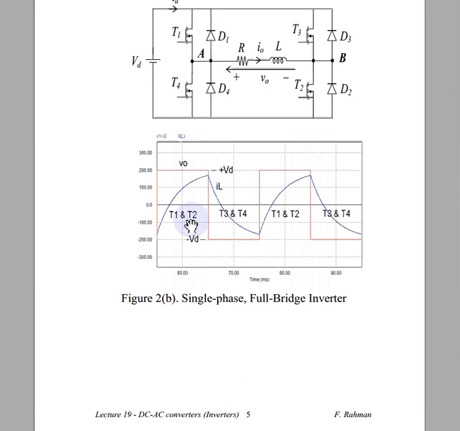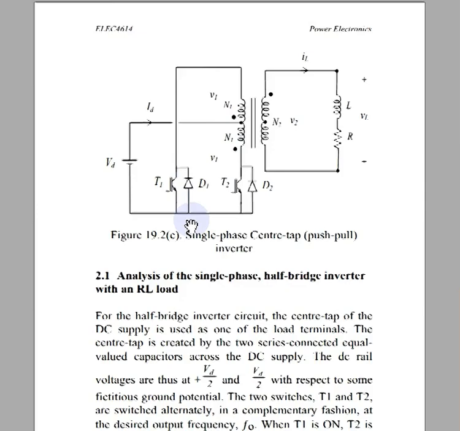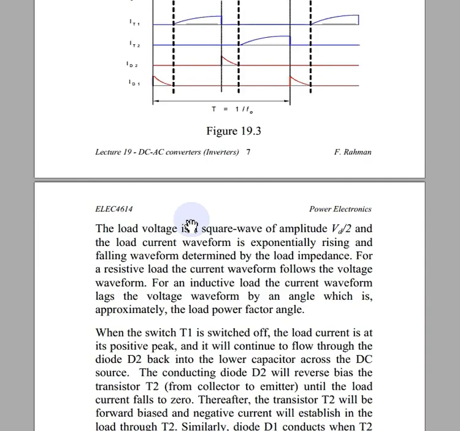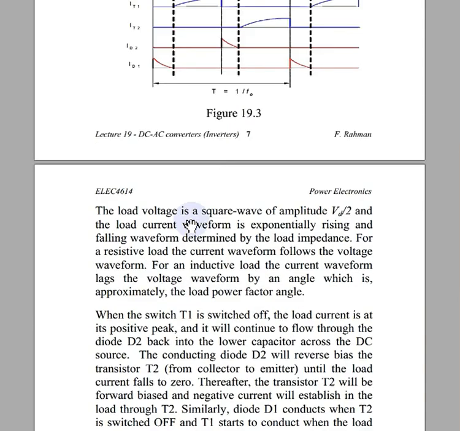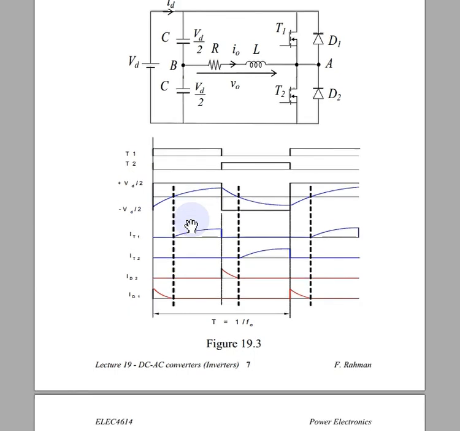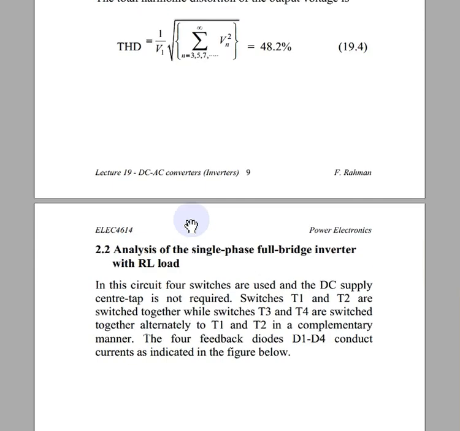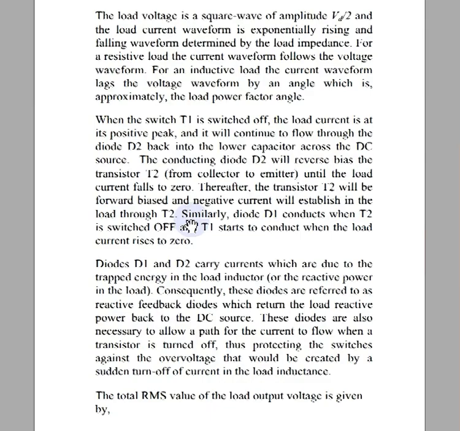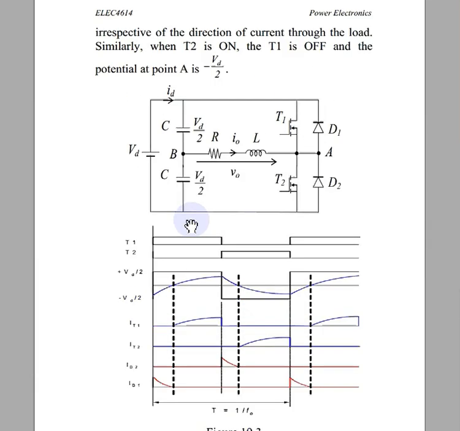Due to the square waveform, it contains harmonics. We have seen T1, T2 and D1, D2. For this period, D1 will be on, from this to this, and again T1 from here to here.